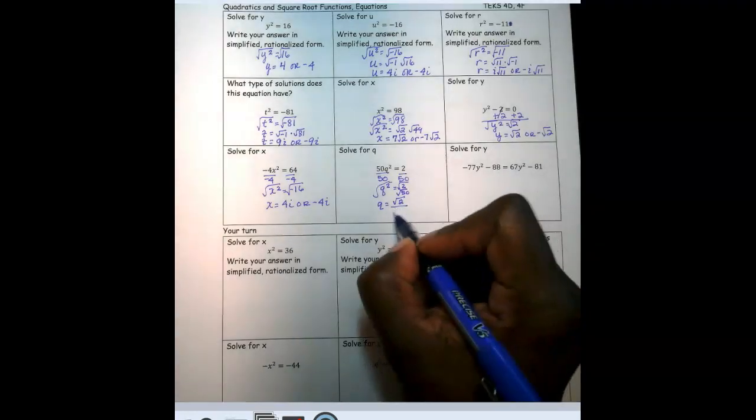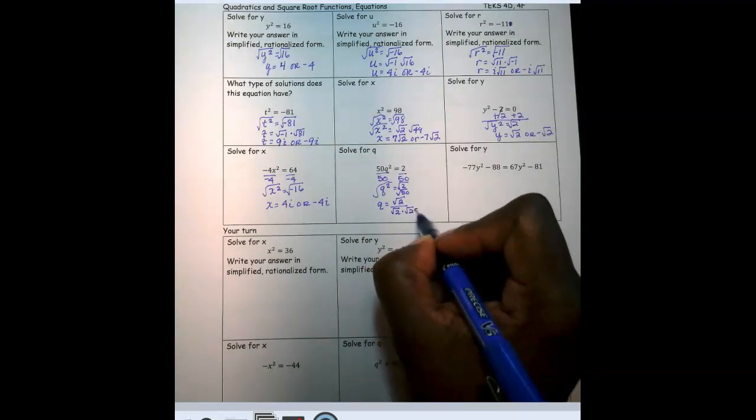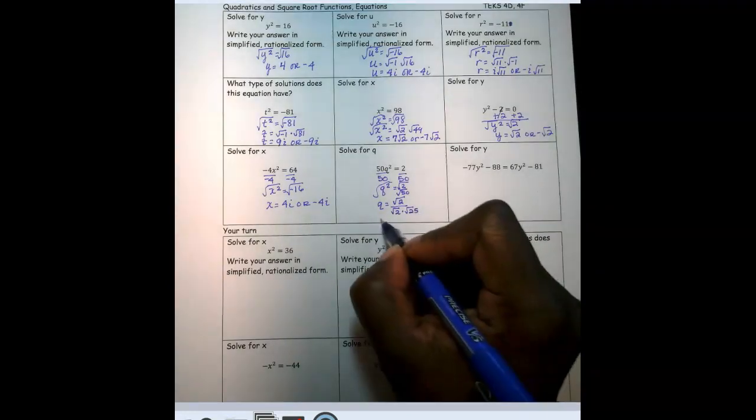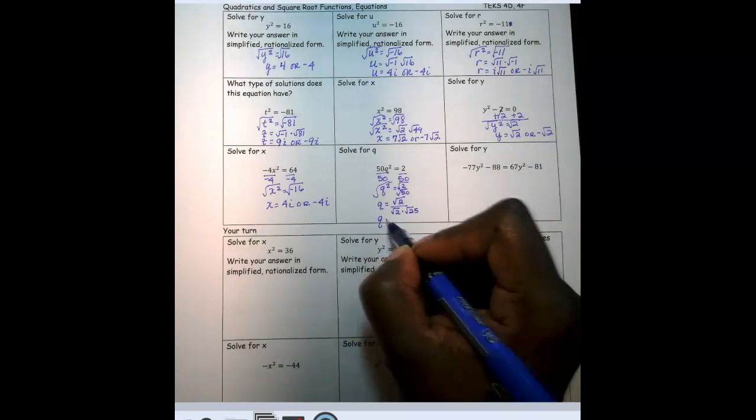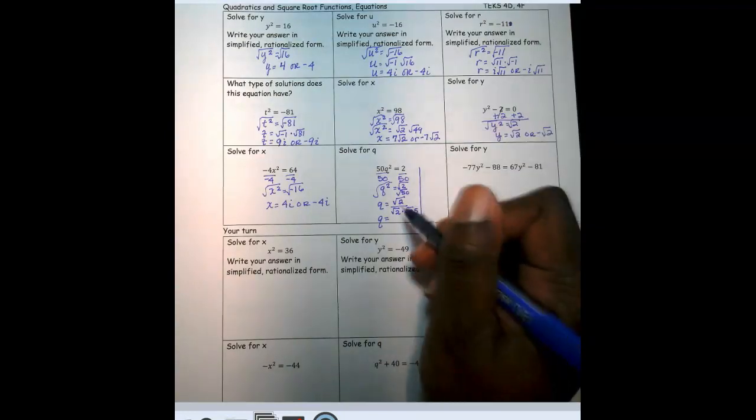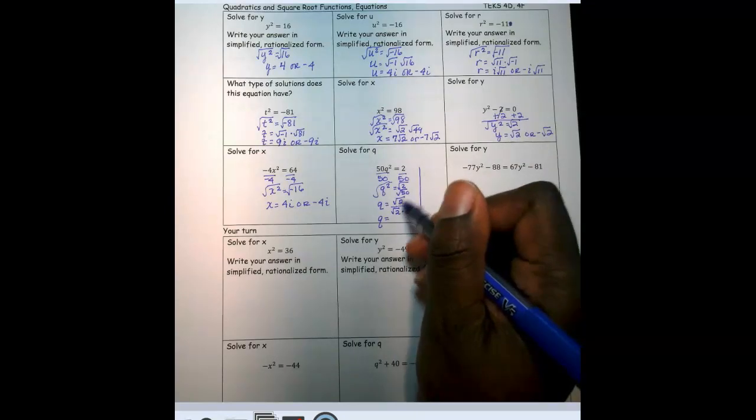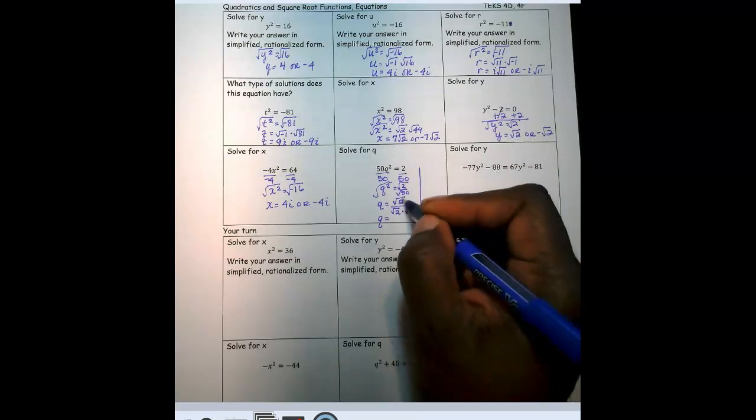But think about 50. So we could divide that by 2, couldn't we? So we would end up with the square root of 2 times the square root of 25. Well, we know what that is. I think I'm going to run out of room because I really didn't plan to write that much, but basically what we've got is the root of 2 divided by the root of 2.